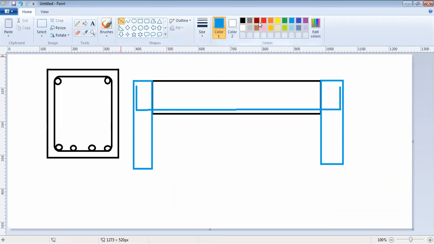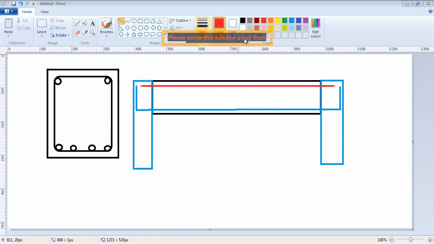Similarly, for compression or anchor bars, again there is a development length.